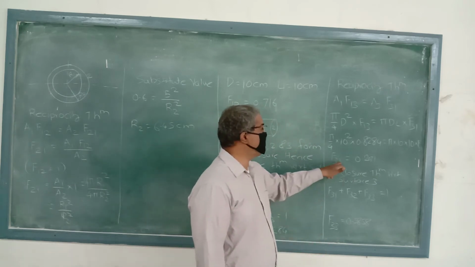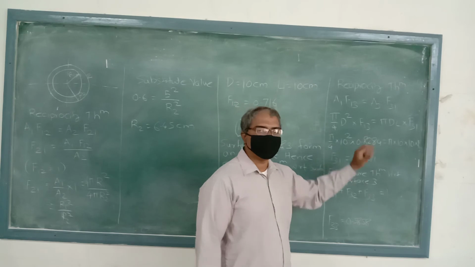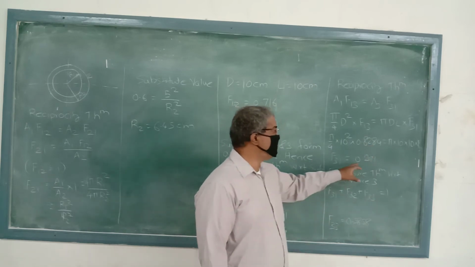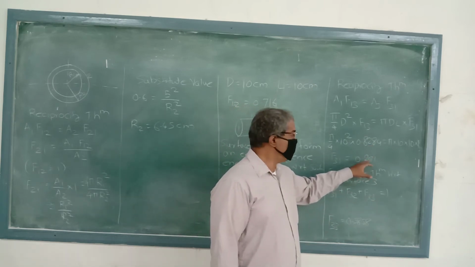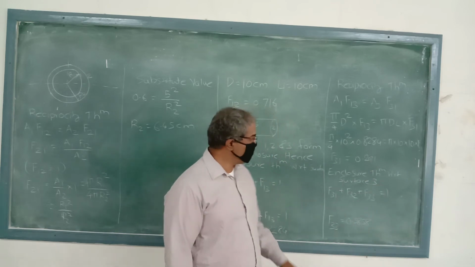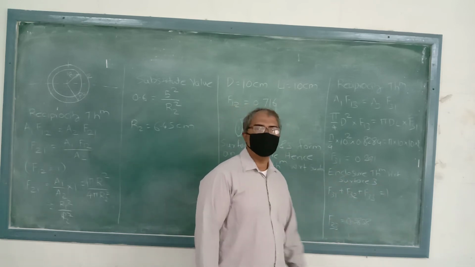After solving this equation, we get F3 to 1 is 0.2071.